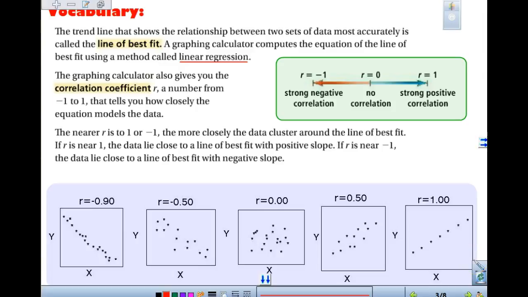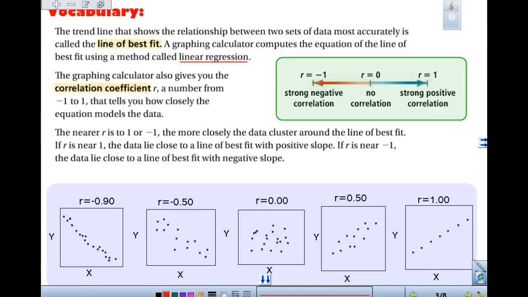So at the top of this page, if you would read for us, Maria, where it says the vocabulary. If you continue, Cassandra. The graphing calculator also gives you the correlation coefficient R, a number from -1 to 1 that tells you how close the equation model is.